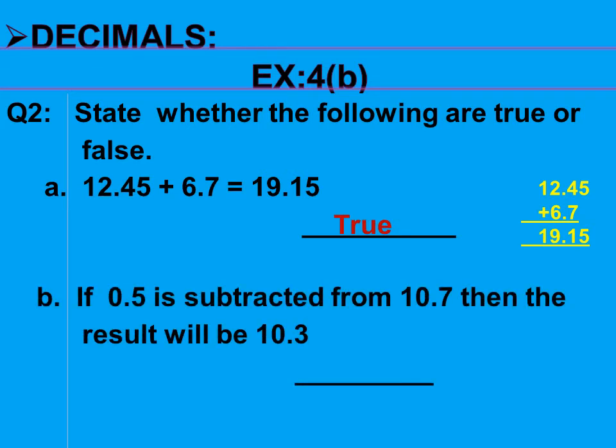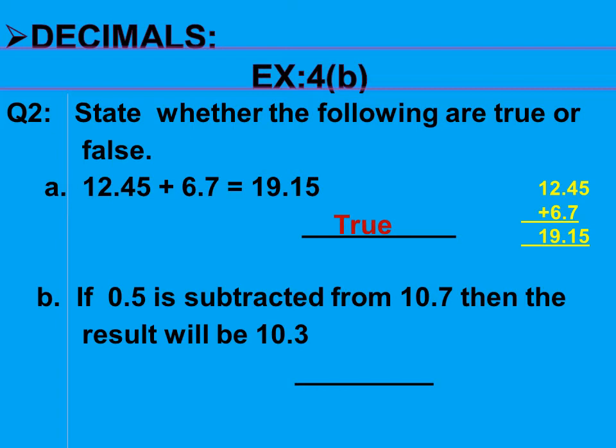Now we will move to the next part, part B. If 0.5 is subtracted from 10.7, then the result will be 10.3. Dear students, the word subtracted shows that we have to subtract. Always remember that first we will write the number with from.